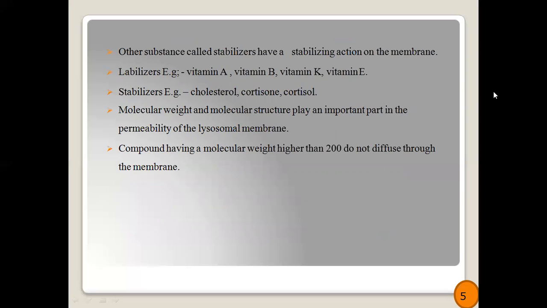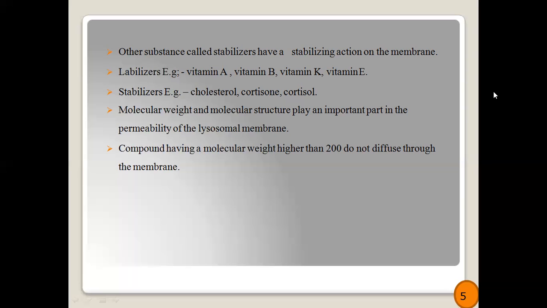So the molecular weight and molecular structure play an important part in the permeability of the lysosomal membrane. Compounds having a molecular weight higher than 200 do not diffuse through the membrane. So the permeability of the lysosomal membrane depends on molecular weight and molecular structure.